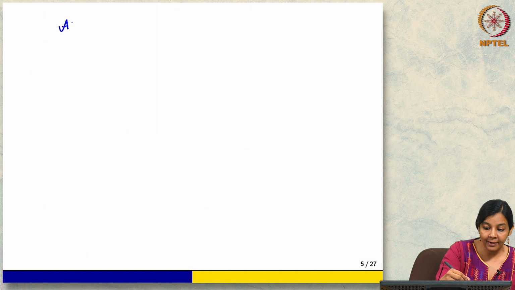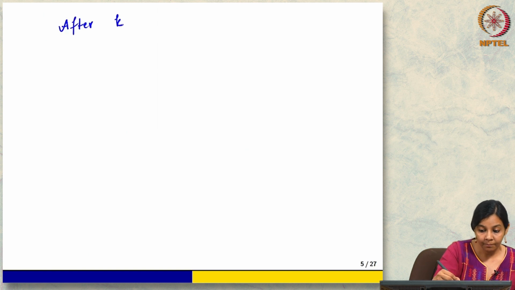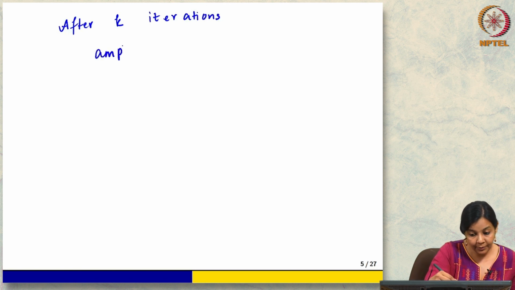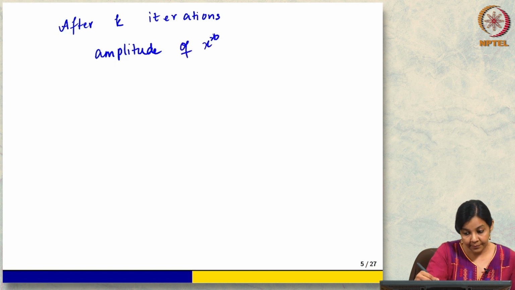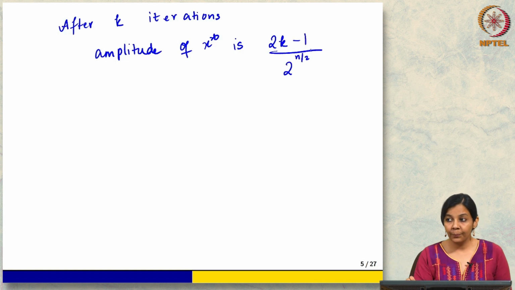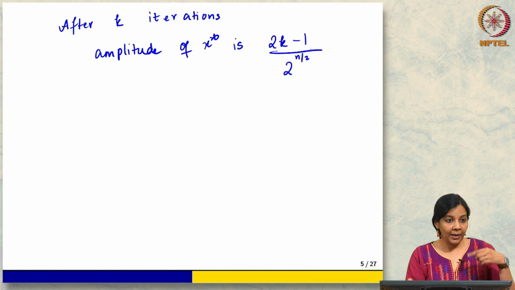So in general, after k iterations, the amplitude of x star is something like 2k minus 1 over 2 to the n over 2, because it became 3, 5 and so on.